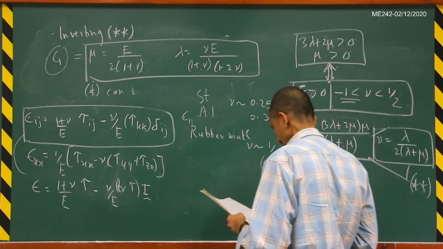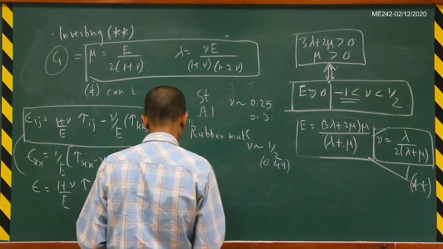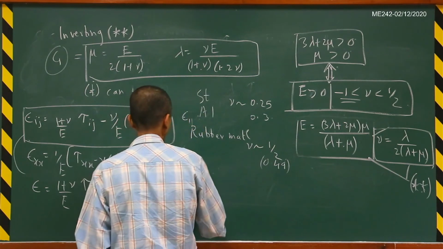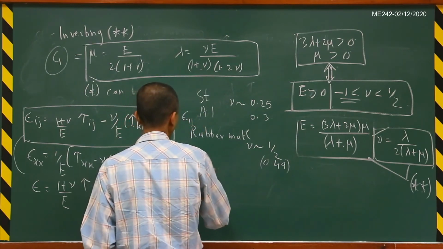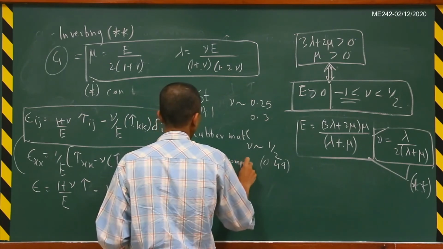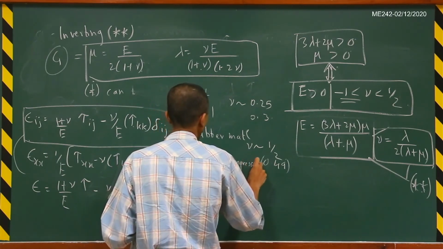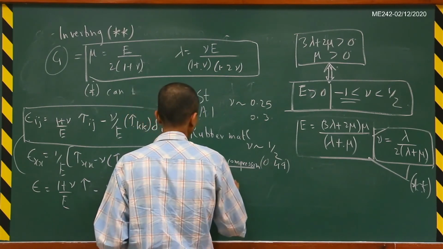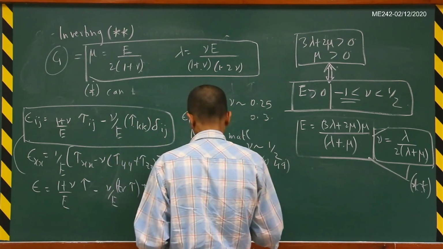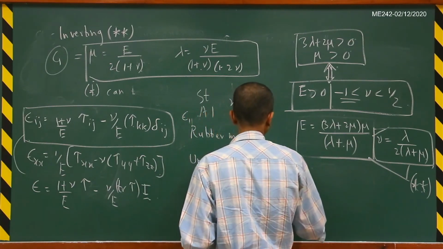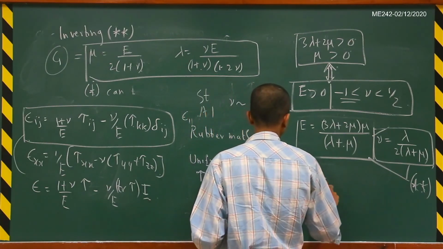So let me just write that here. We have seen this tau in the uniform compression. So if you go back to the uniform compression case, we have tau is equal to minus p times identity. That is equal to minus 3 lambda plus 2 mu times epsilon tilde times I. So we saw it, right?